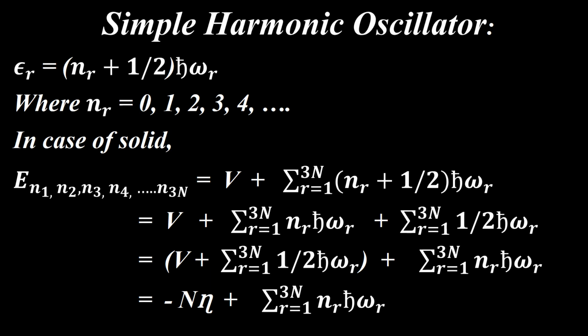E equal to V plus summation of r equal to 1 to 3n nr h cut omega r plus summation of r equal to 1 to 3n half h cut omega r. Simplifying the equation we get V plus summation of r equal to 1 to 3n half h cut omega r plus summation of r equal to 1 to 3n nr h cut omega r.